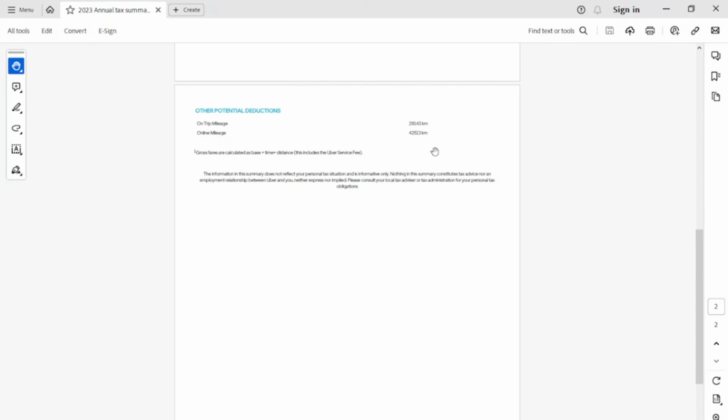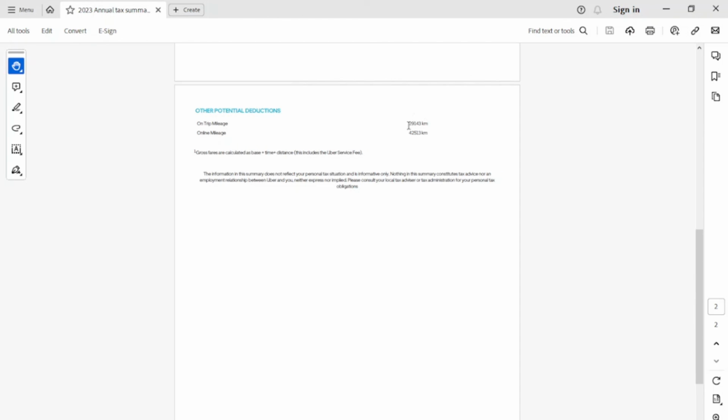Online mileage is the mileage when your app was on and you were driving, doesn't matter if you had a passenger in your back seat or not, or had a fare or not, but your app was on. The on-trip mileage is the exact mileage of picking up a passenger from point A and dropping off at point B. So this is the exact mileage from when you start a ride to when you finish a ride, right?